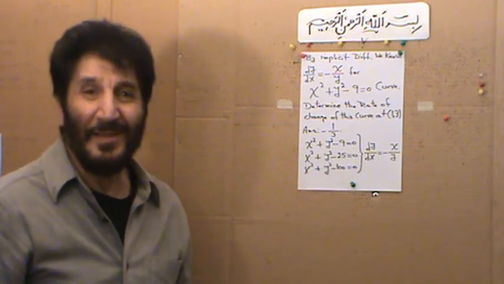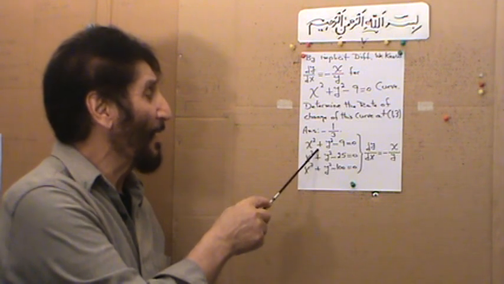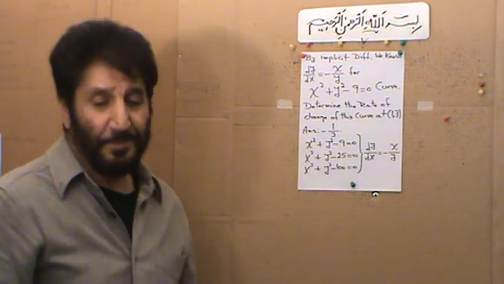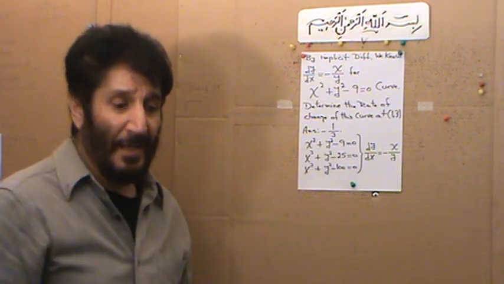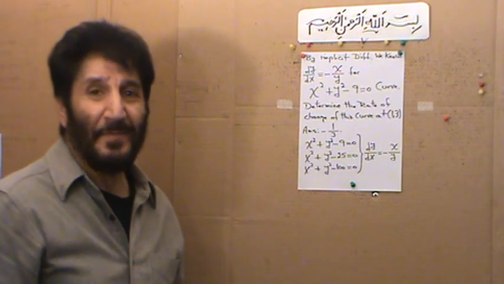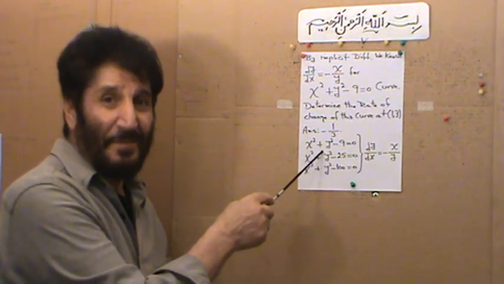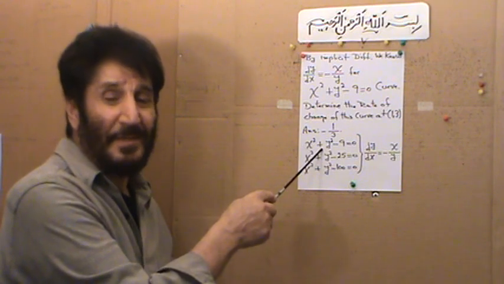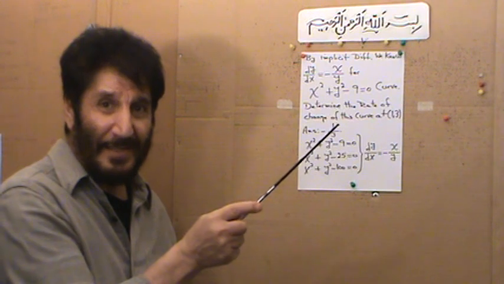So what's going on? If I ask for the rate of change of this circle at, let's say, (0, 3): (0, 3) satisfies this one. It is on the curve. When x is 0, y is 3, and the slope of the tangent line is horizontal at that point.